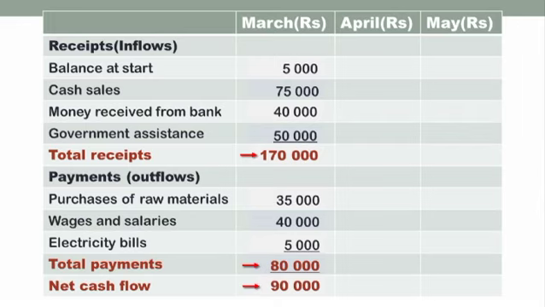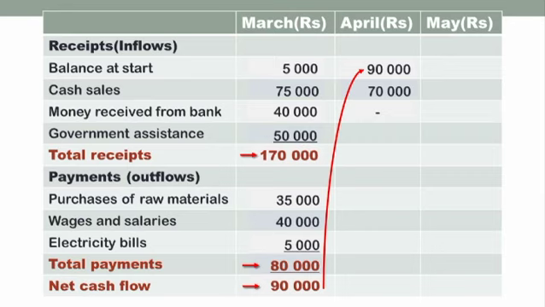Now, at the beginning of March, the business had a cash balance of 5,000 rupees, and at the end of March, it had a cash balance of 90,000 rupees, which it is going to carry forward to the month of April. Therefore, balance at start for April will be 90,000 rupees plus cash sales 70,000 rupees.